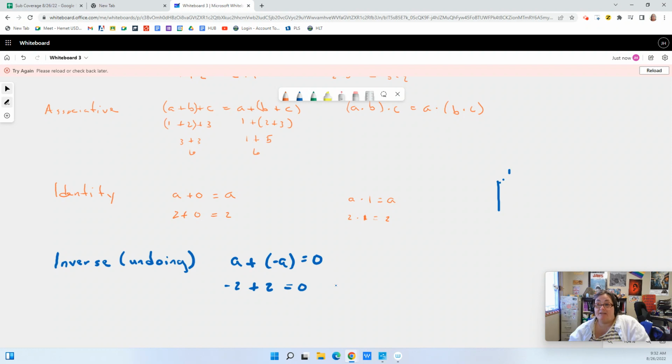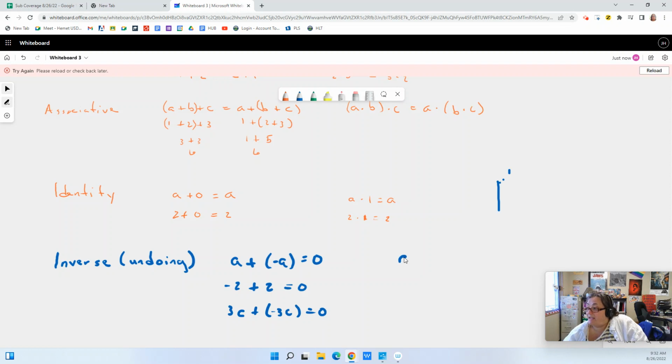So the inverse of negative 2 would be 2. The inverse of 3c is negative 3c, right? It's whatever takes me back to 0 for addition. For multiplication, it's whatever takes me back to 1.